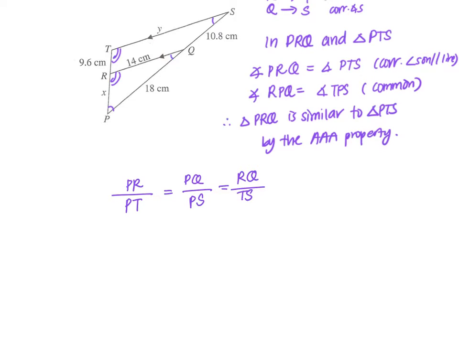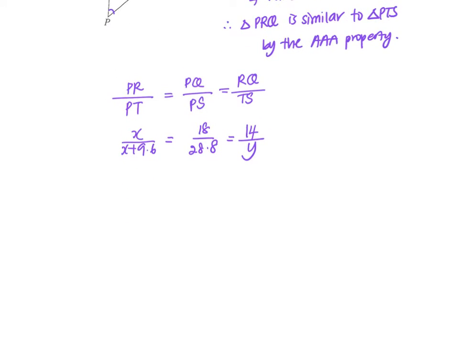Let's plug in the different values, and we get x over x plus 9.6. PQ is 18 over PS is 28.8. RQ is 14 over y. Now using these few ratios, let's try to find the answers.